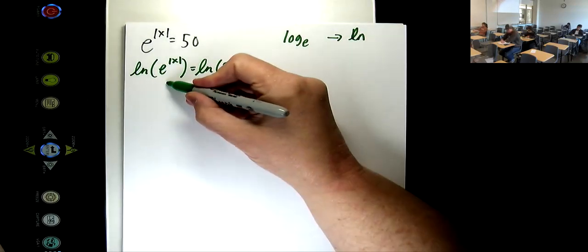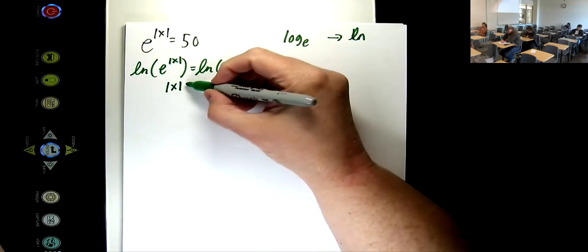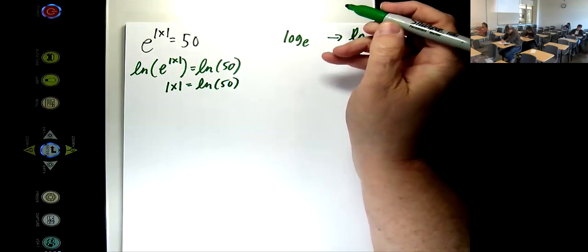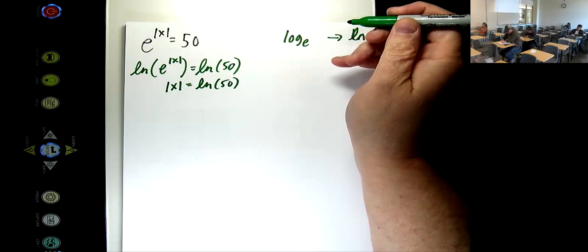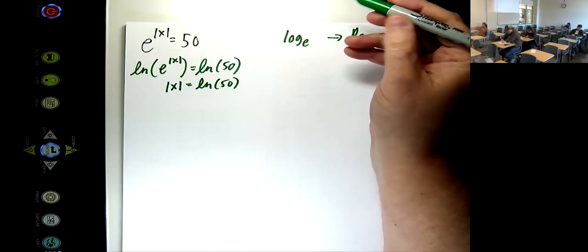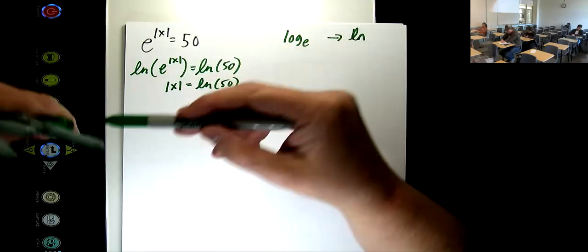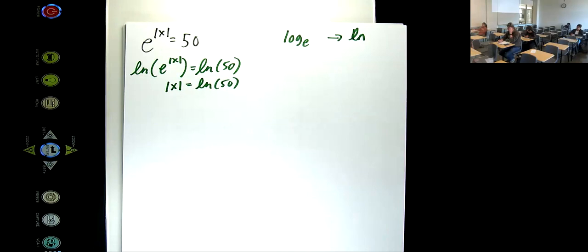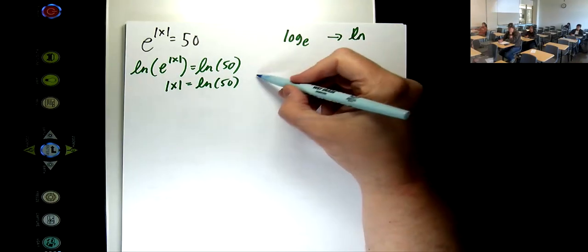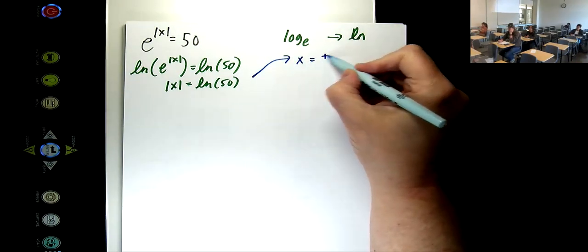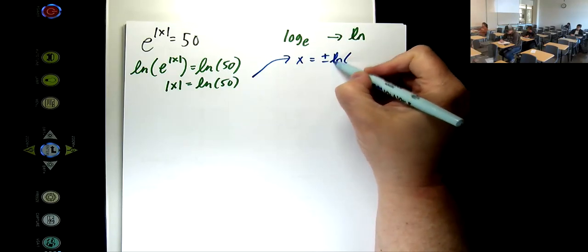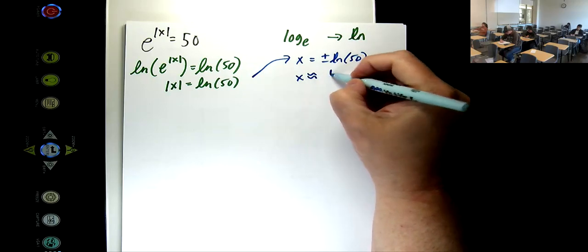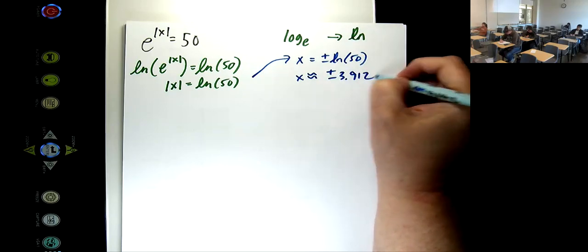And this brings down the absolute value of x. Remember, absolute value yields plus or minus. And this is approximately plus or minus 3.912.